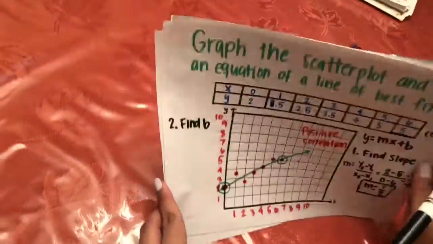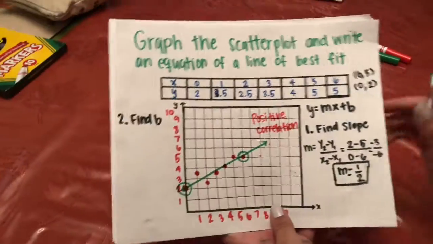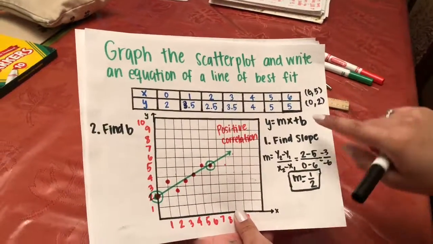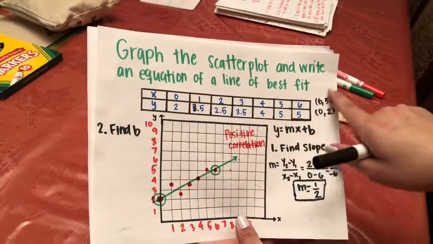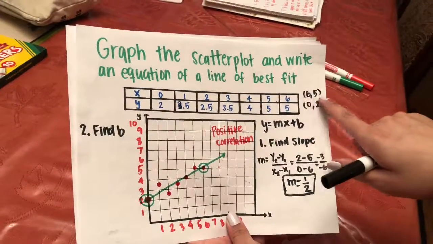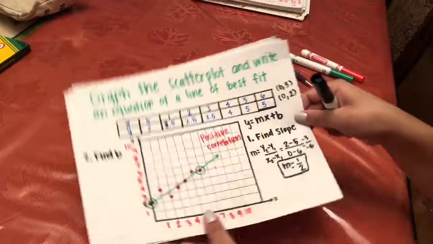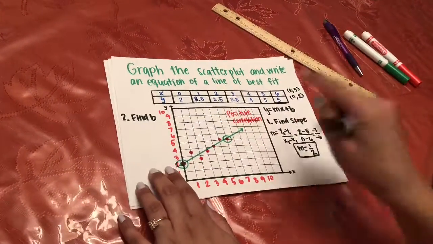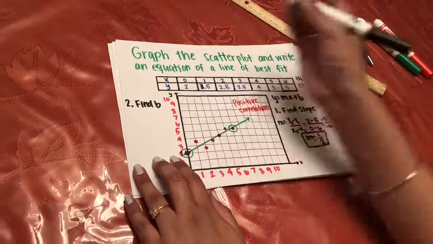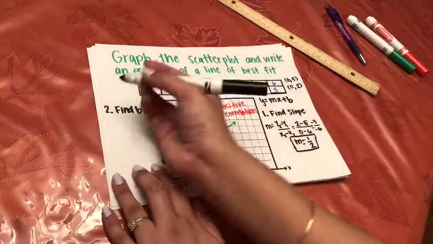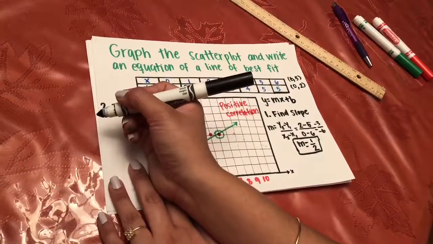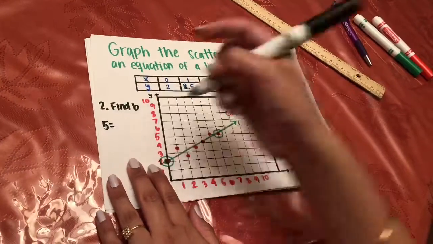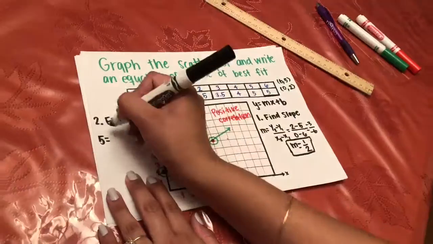And all I have to do is plug it into this equation, because I can plug in my y and my x for a coordinate. So I'm going to choose the coordinate 6, 5, and then plug in my slope as well, and then I can solve for b. So let me show you how that's going to look. I'm using the coordinate 6, 5. So my y value is 5. My m is my slope, which is 1/2.